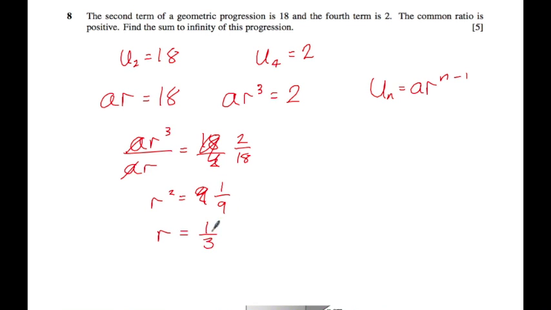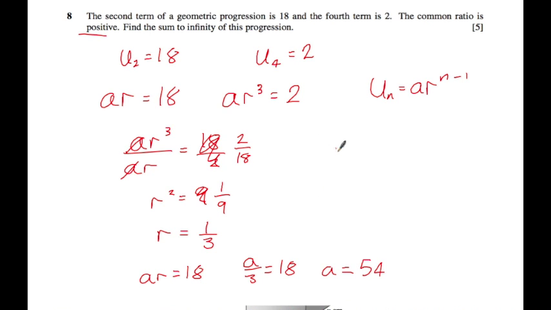which means R will be the square root of a ninth, which is a third. Now usually I put plus or minus, but they've told us it's positive, so we know R is a third, and then we can sub back into either one of the other expressions to find U1. As AR is 18, if we sub in a third, A over 3 is 18, so A will equal 18 times 3, which is 54.